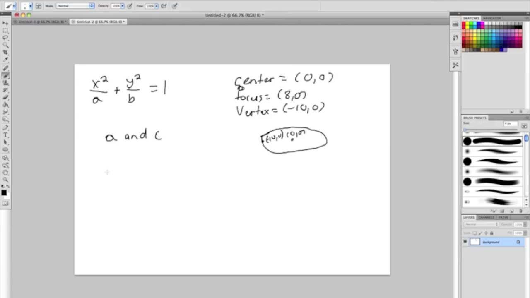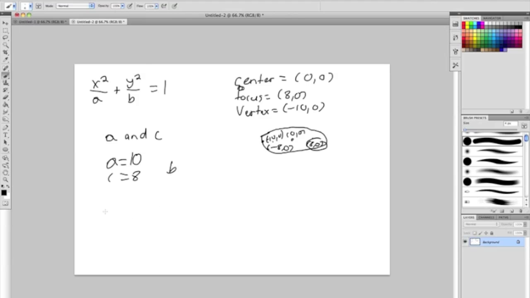So we can conclude that a is going to be 10, and the foci are going to be both here and here, this one being negative 8, 0, and this one being 8, 0. We're going to be using 8, 0 for this one, and we're going to say c equals 8. Now all we need to be able to solve this is to find b.